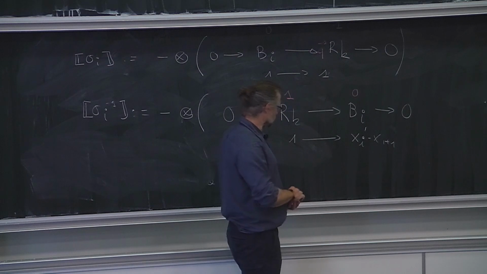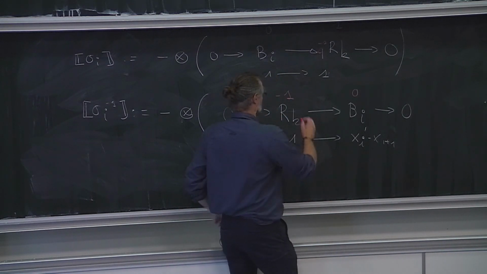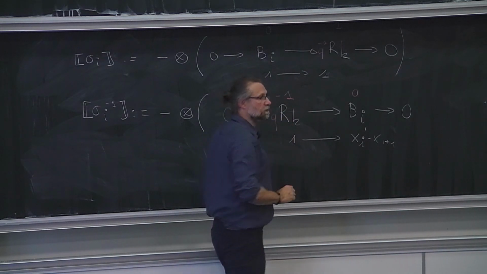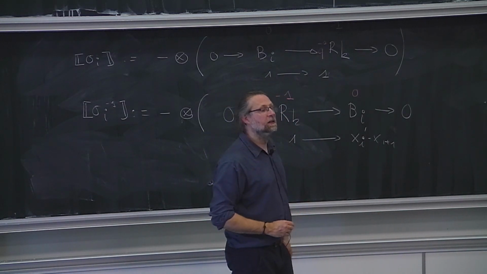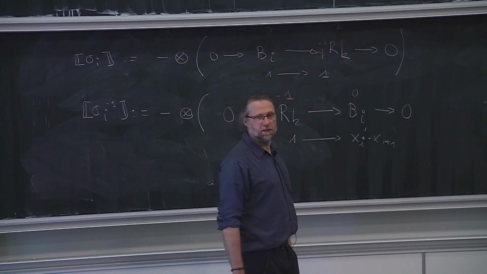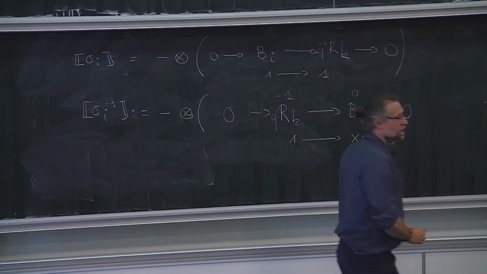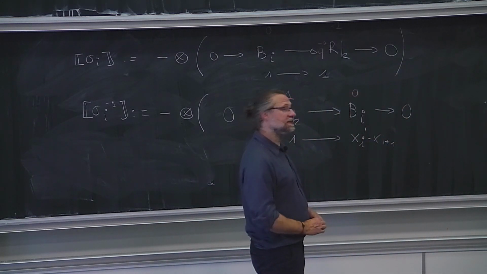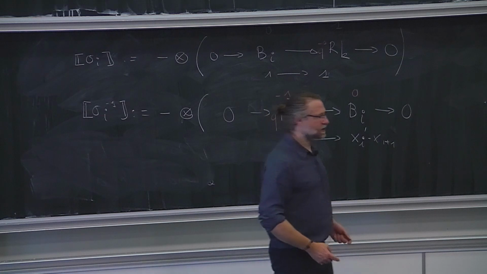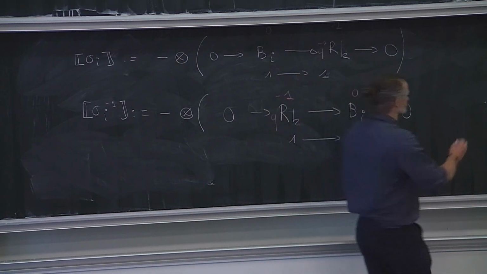I have to adjust somewhere in order to be of degree 0. What I do is I shift up the source, which again puts everything in degree 0 as well. The non-obvious part, which is an exercise, is checking that this is really a bimodule map. Okay, exercise.